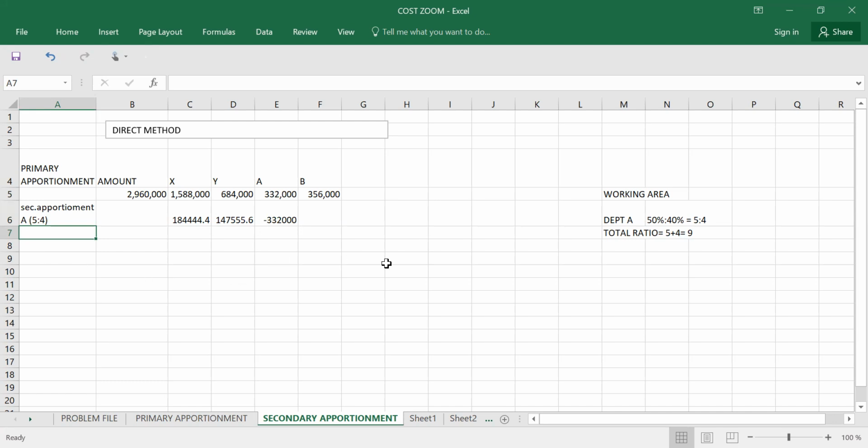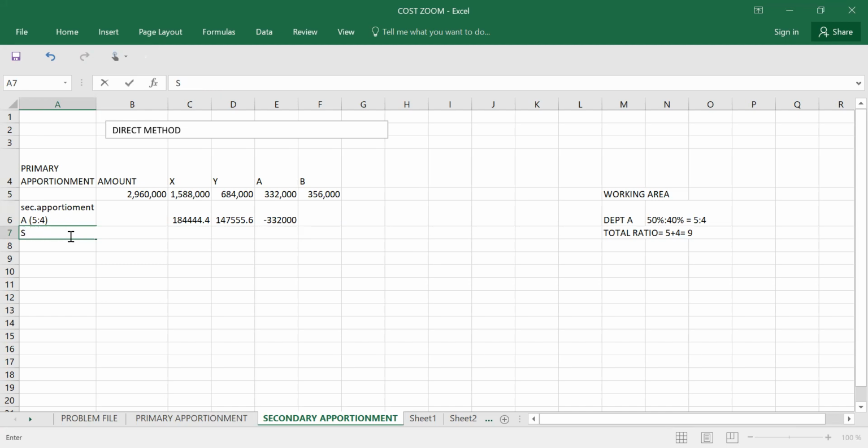So the total down here, when we add vertically, this negative will cancel out the positive, meaning this cost has been distributed between X and Y. Also we do the distribution in B, the second apportionment.